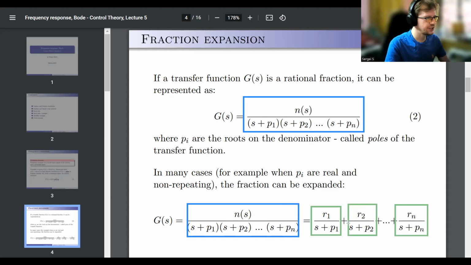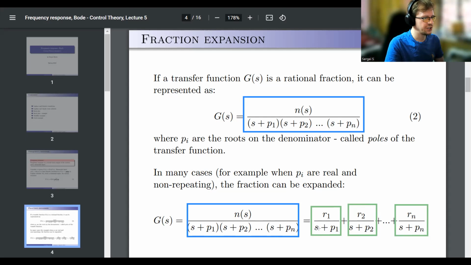How do we do this? Well, you can imagine, in order to expand it like this, you would have to consider the right-hand side here and make it back into a single polynomial.